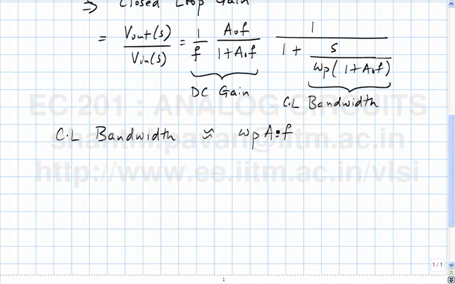Okay, it's approximately A naught omega P, but then we know that the closed loop gain is not forward amplifier by forward amplifier plus 1, but forward amplifier times F, which is the loop gain, divided by 1 plus loop gain. So when the loop gain falls to about 1 is when the feedback action is roughly dead.